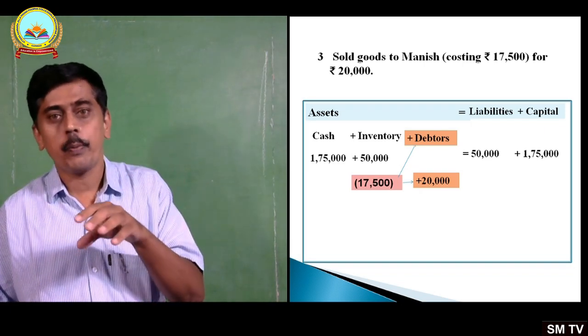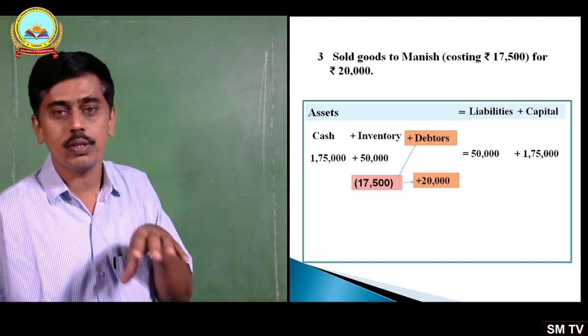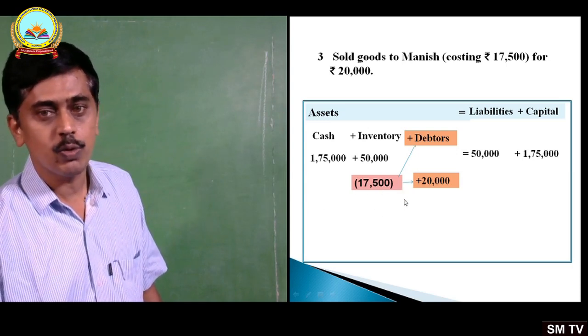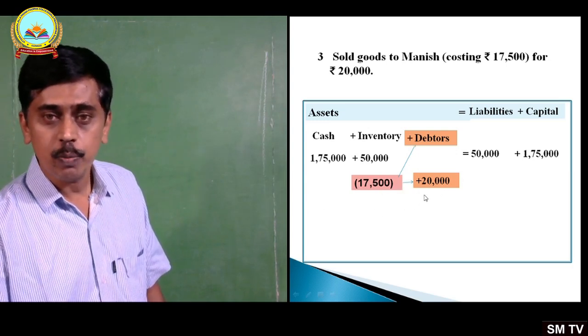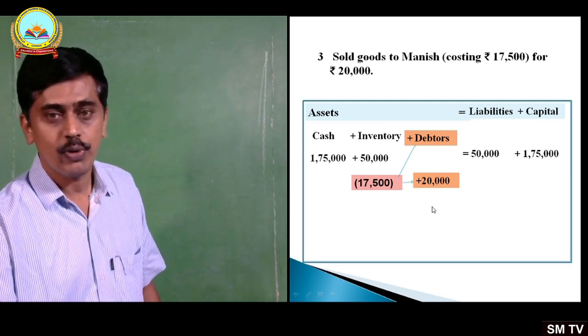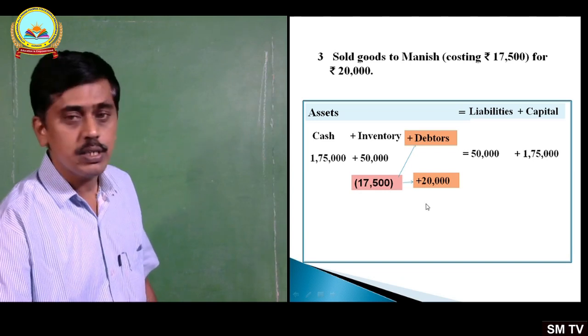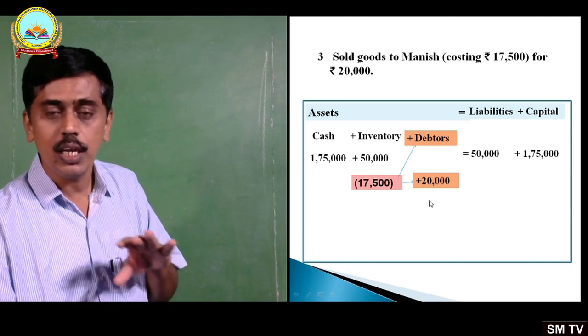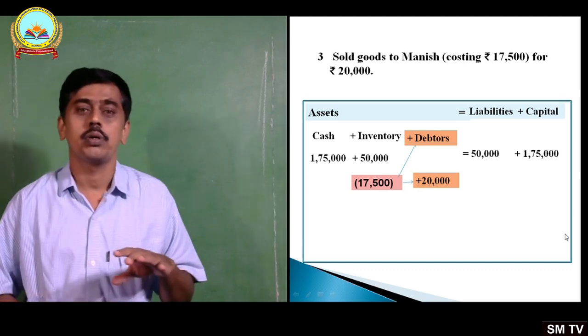We got a profit of rupees 2,500, isn't it? 17,500 rupees is the cost of the goods. We are supposed to get 20,000 rupees. So the difference, 2,500, is profit to the business. And the same should be added to the capital.